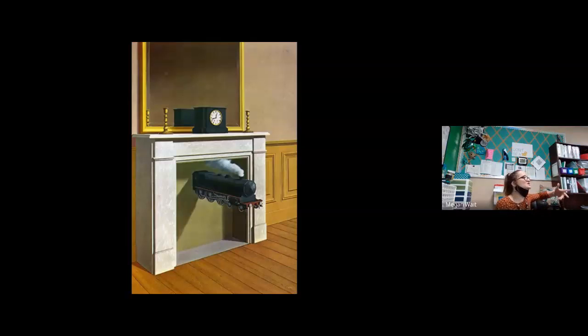You literally had to say, okay, you're going to draw a train, but there's no tracks. I didn't tell him not to. Okay. Who noticed and articulated that there is no fire in the fireplace? Yeah, he said that. Okay. Very, very good.